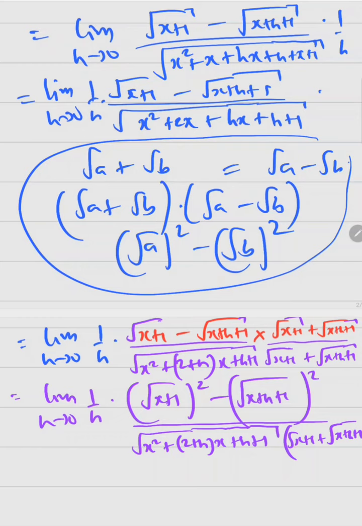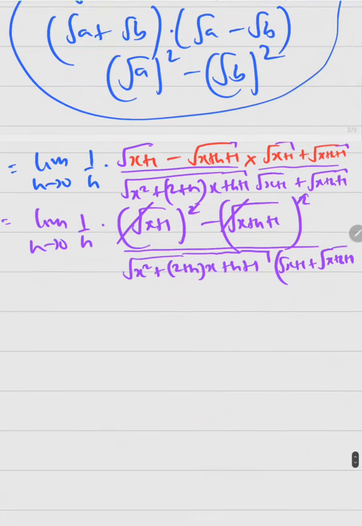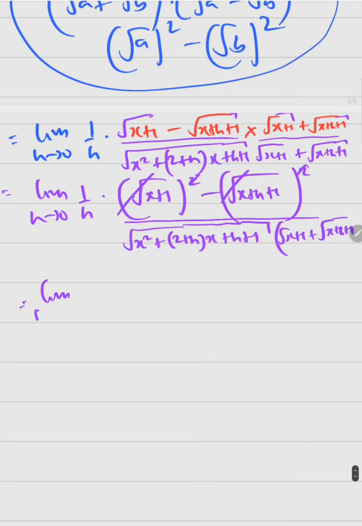One thing you can do, if you don't want to stress yourself, is see that this guy will cancel this guy, and this guy will cancel this guy. So what do I have left? I have limit as h tends to 0, 1 divided by h, s plus 1 minus, you have to put in brackets whenever you want to subtract what is not a monomial expression, so that the negative will affect the other terms.